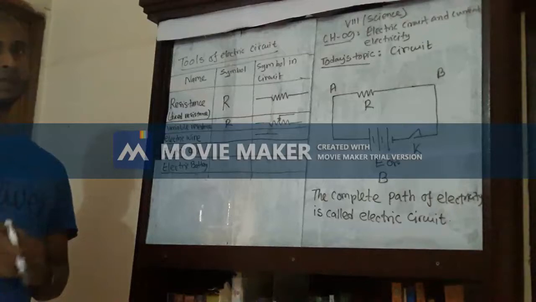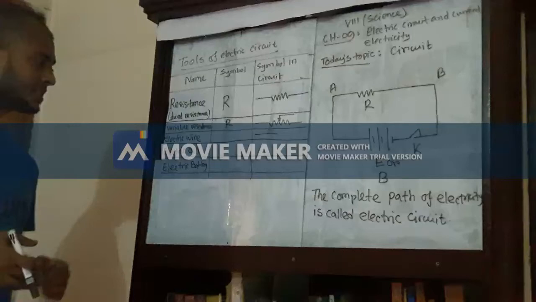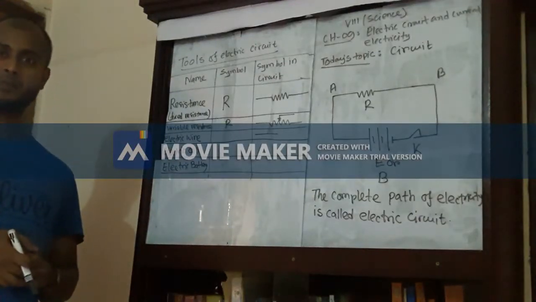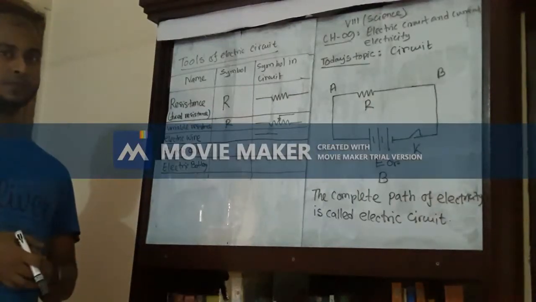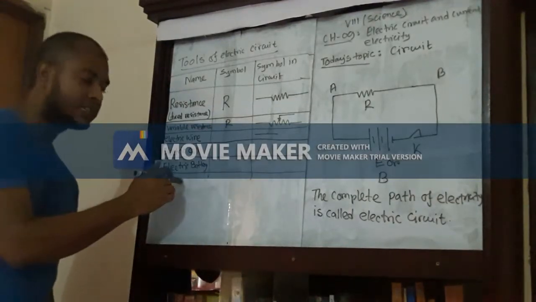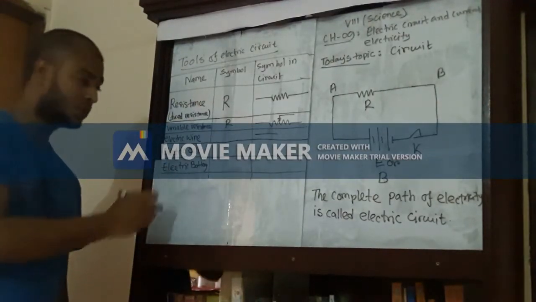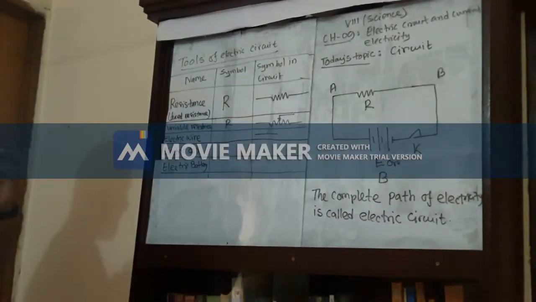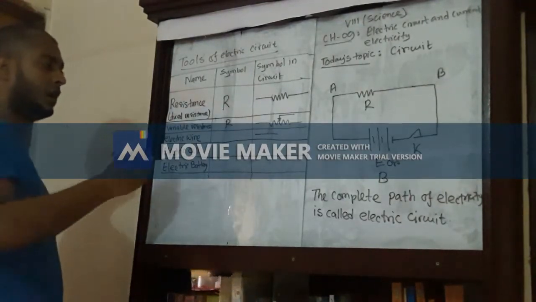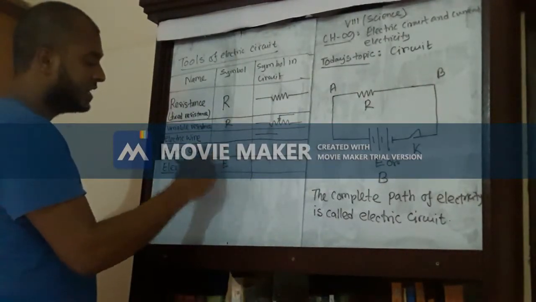But a battery is a concept just like a tissue. Tissue means a collection of cells. So a battery, just like that tissue, is a collection of electrical cells. The electrical cell is the unit of electric power. A cell is denoted by E, and a battery is also denoted by E.